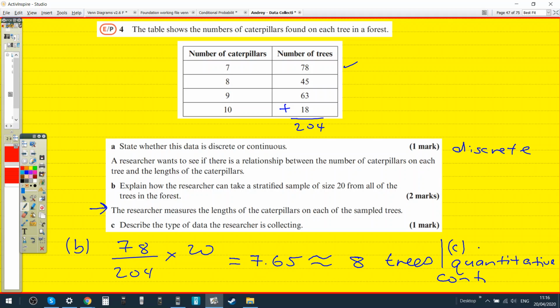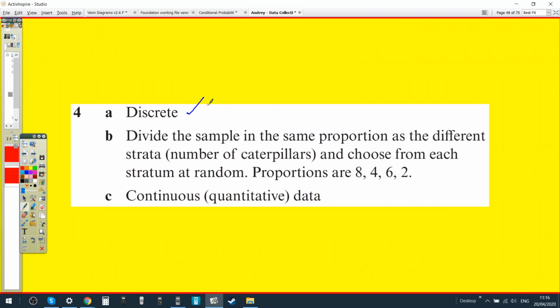Yep. And earlier they said part A was discrete, and so I think what they're getting at for part C is continuous, which is the other side of that coin. Yes, let's take a look. So that one was discrete, and then C was continuous quantitative data.